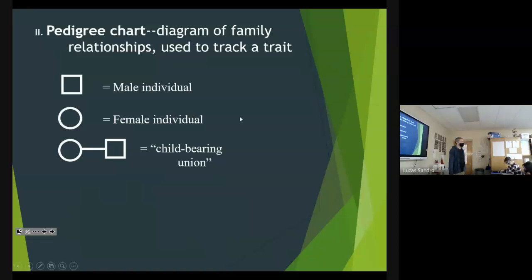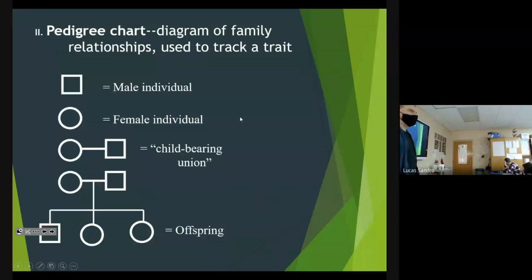And if you drop a line from that horizontal line vertically down, there's some more squares and circles coming out of it, the kids.